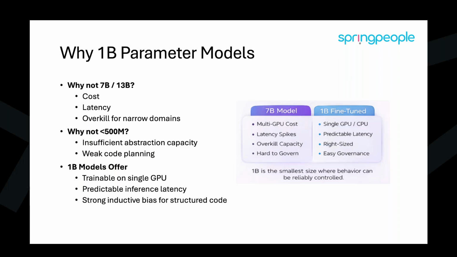When I say capacity, I mean the cognitive capacity. The lower the model parameter count, the more that abstract value, as you would call it, reduces. So that problem always exists.